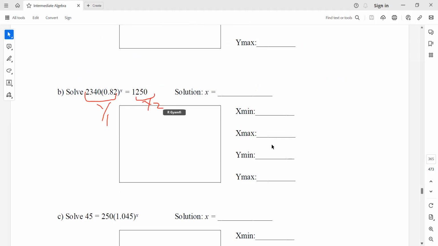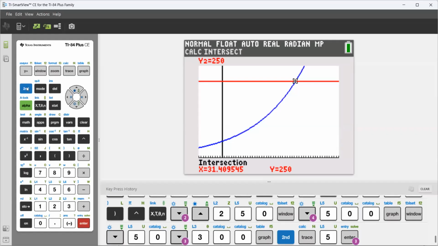So if you go to the calculator, all I'm doing here is using the graph to solve for x.